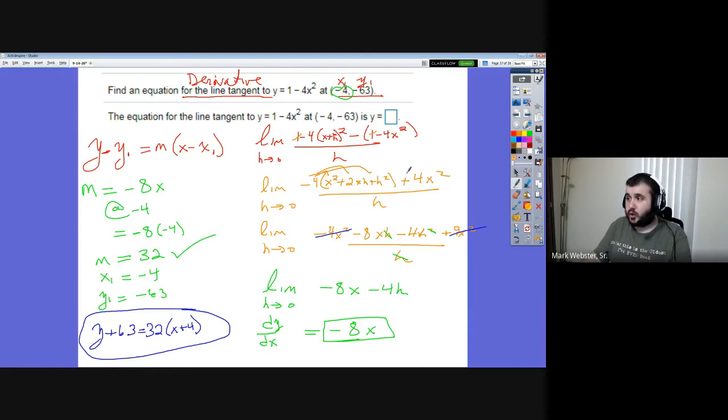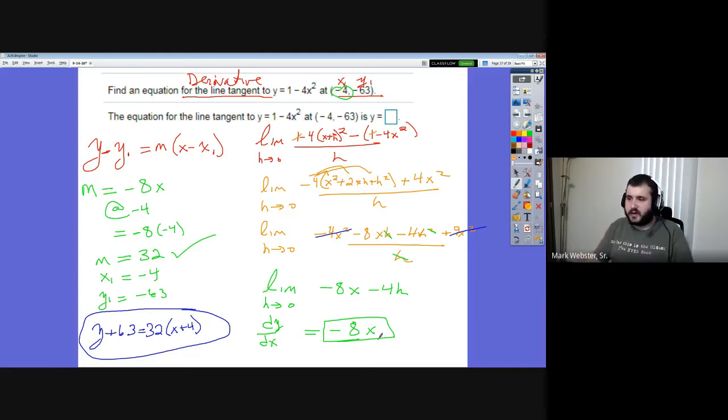You should expect, once you get to this step here, all the things that don't have an h should go away. If there's still some random x term in there, something you did is wrong. You should have everything with an h so that all the h things cancel out somehow, leaving you with the ability to plug in h is 0 so that you can get your final answer here for the derivative.